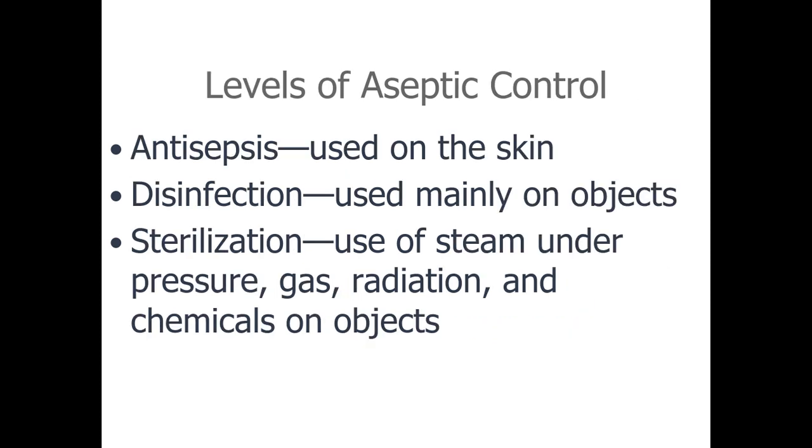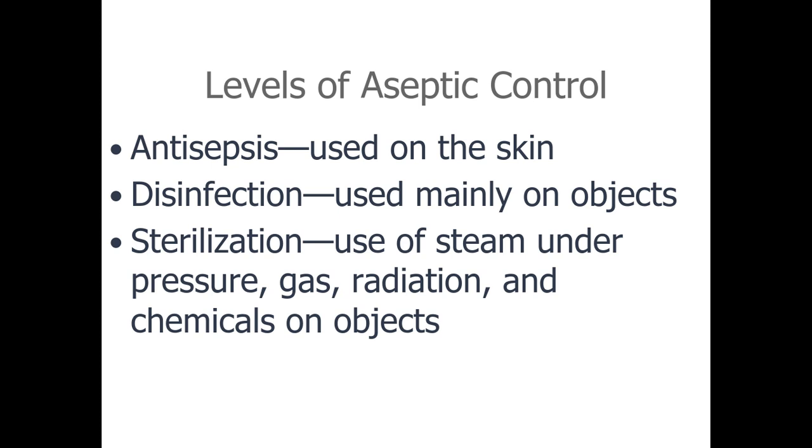And then for these terms, just note the difference between the three. Asepsis is typically some type of technique that's used on the skin, so that would be your hand washing. Disinfecting is used primarily on objects. So if I'm saying I need to disinfect this table, that's obviously an object, and you're cleaning it.